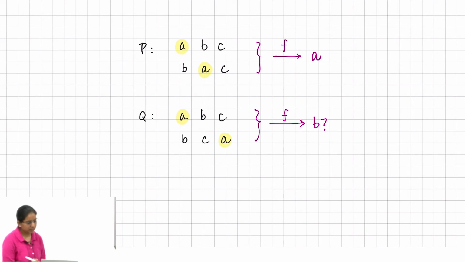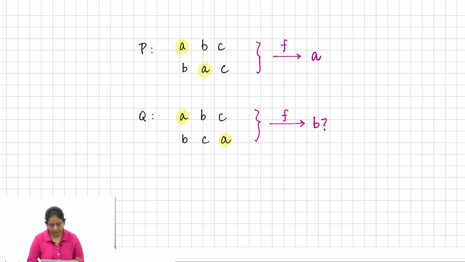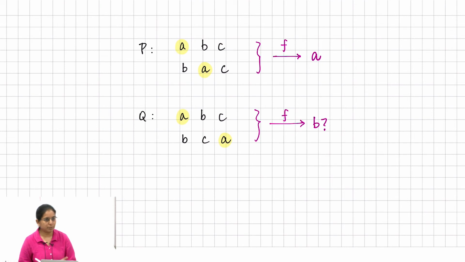Can we again say that it must be A or B, and in particular it cannot be C? Why can't it be C in the second profile? C is never anyone's first choice, and in particular both voters prefer B over C and the rule is unanimous, right? So it cannot output C.